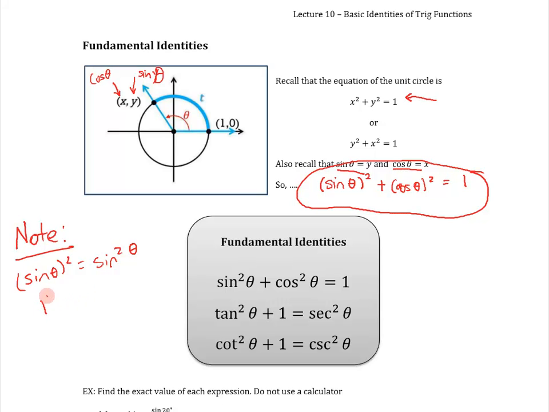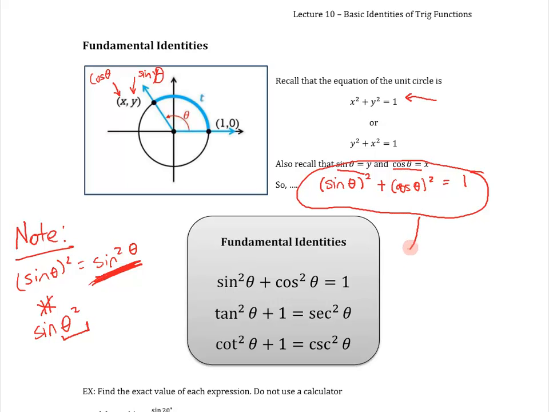Which, by the way, what you don't want to write is just this. You see, the problem with that is this looks like sine of theta squared, that is sine of this guy, and then you take the sine of it, right? Sine of theta squared, which is not what we intend to mean. In fact, we want to square the sine of theta. So this is the notation we're going to use.